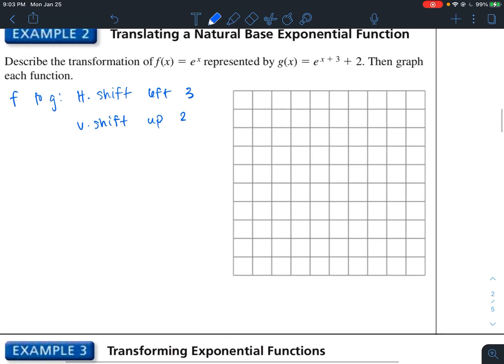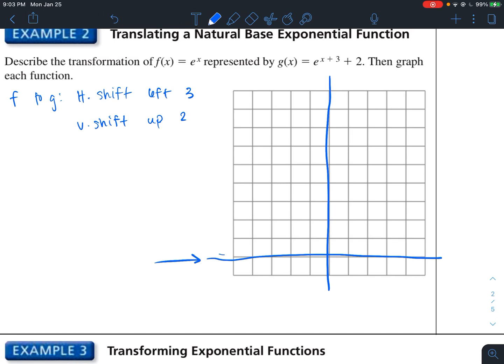Okay, now, if we're going to do that, we have to move the... now the asymptote doesn't move with the horizontal shift, it will move with the vertical shift. So if it's going to be up 2, if we had our y-axis right here and our x-axis right here, this is where the asymptote lies.